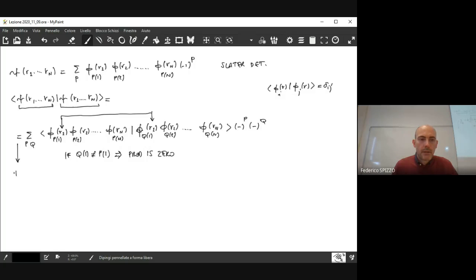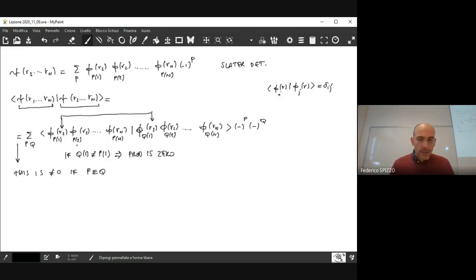So the requirement to have that this result is not 0 is that each P is exactly equal to Q. Only in that case you may have non-zero terms coming out of this scalar product.